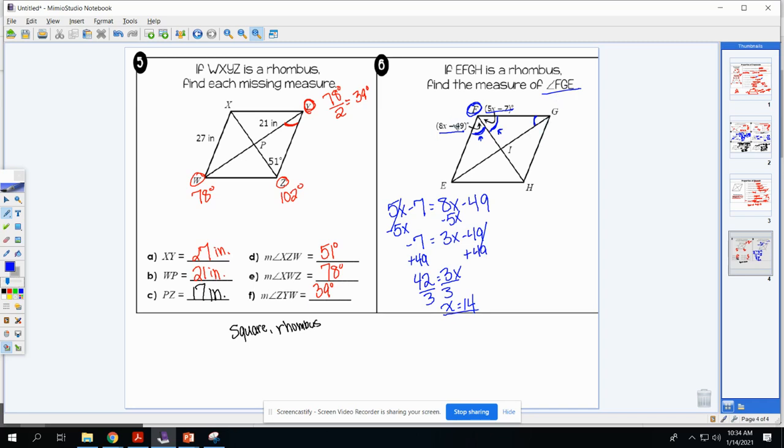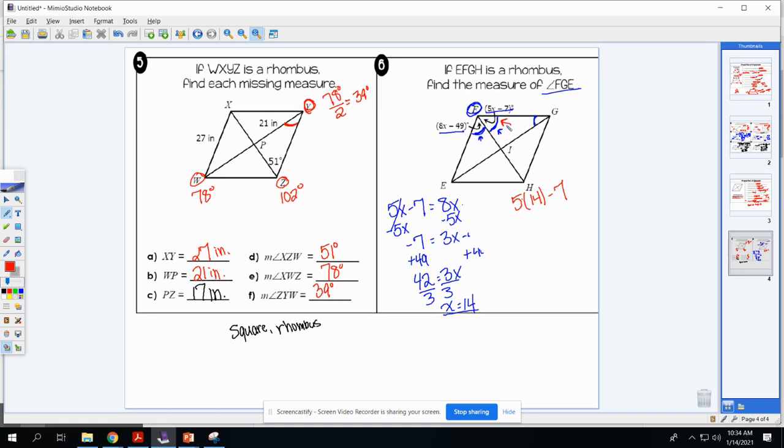We can plug x back in, and we could get this whole angle right here. Let's say, for example, if we plugged in our x for 5x minus 7, we could get this red angle here where I've got the arrow going.